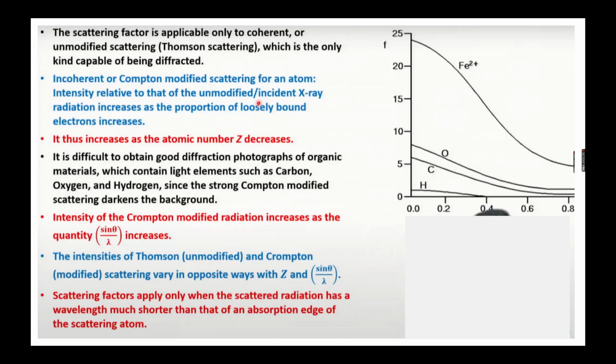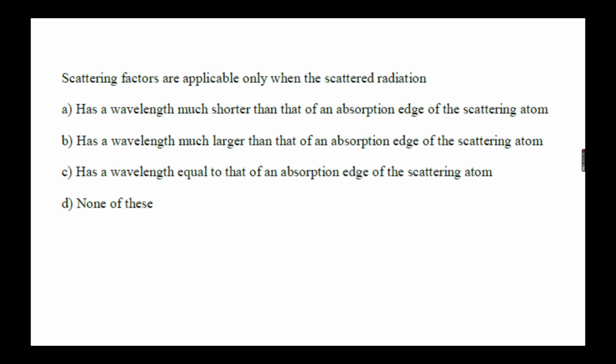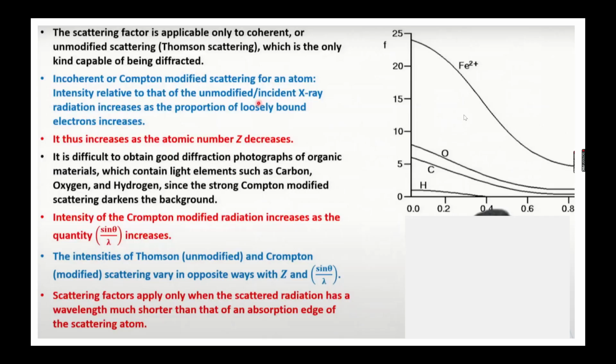The scattering factor, which is f, applies when the scattered radiation has a wavelength much shorter than that of the absorption edge of the scattering atom. Only then will this happen. So for this scattering, the scattered radiation should have a wavelength much shorter than that of the absorption edge of the scattering atom.